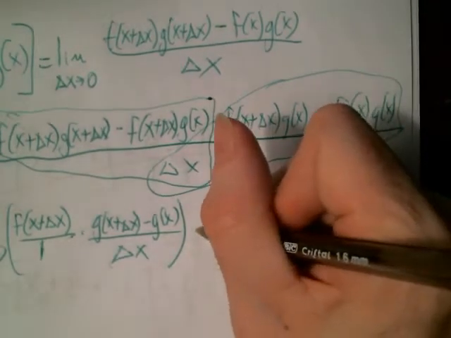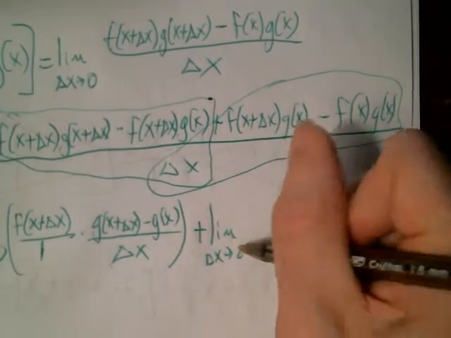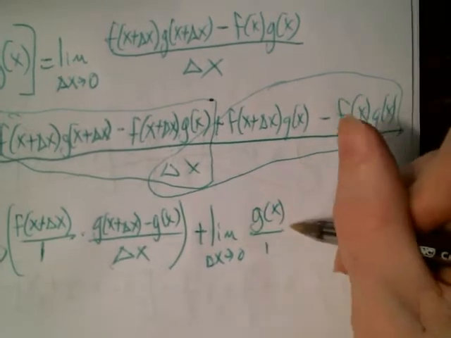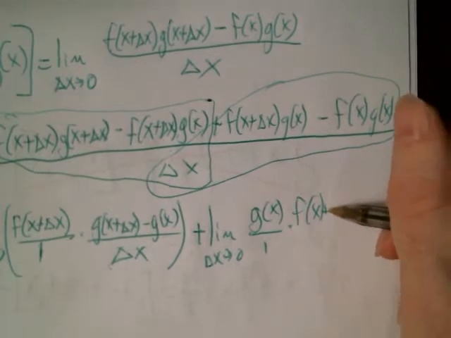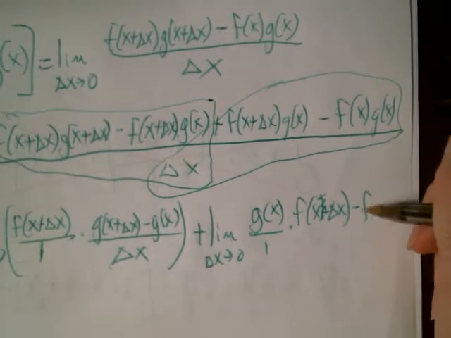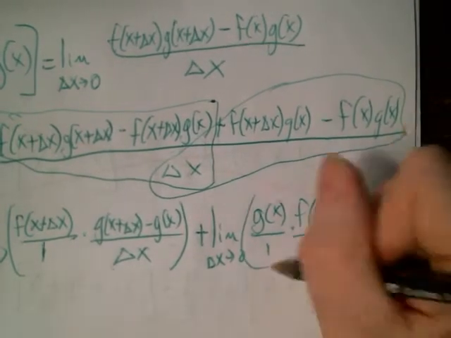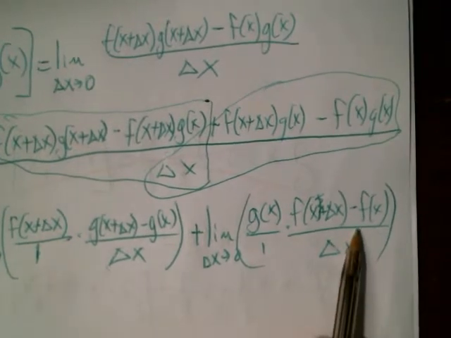Okay, so this then would be plus the limit as change in x goes to 0 of, and this time I factor out g of x all over 1 times f of x plus change in x minus f of x all over change in x. And then hopefully you agree with me, this portion is just going to end up being the derivative of f of x.